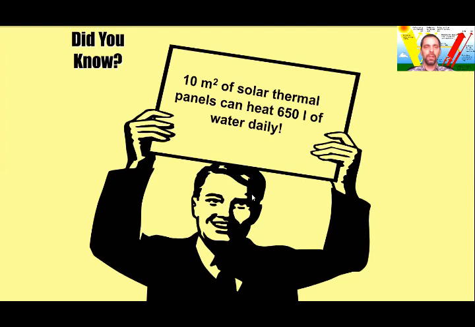Did you know that 10 square meters of solar thermal panels can heat 650 liters of water daily? It is not a bad value, especially considering that energy demands and energy prices are continuously increasing.